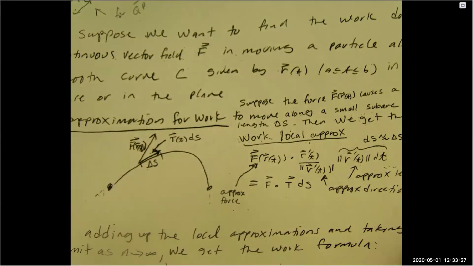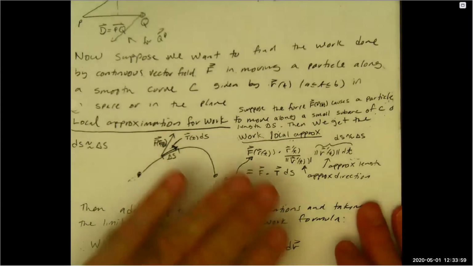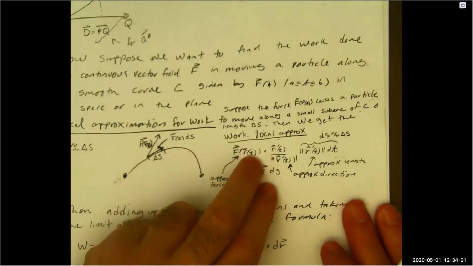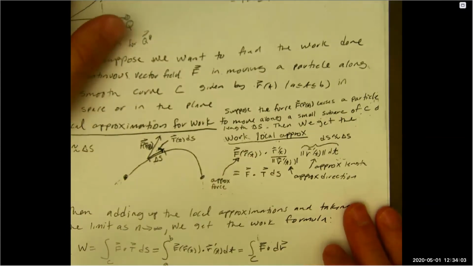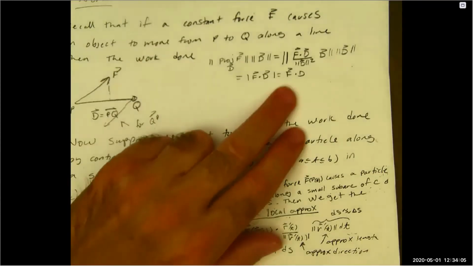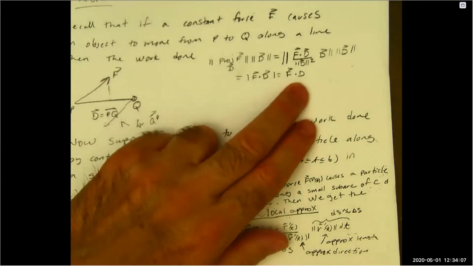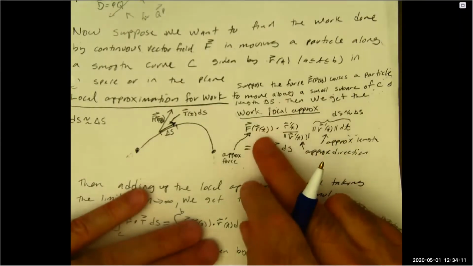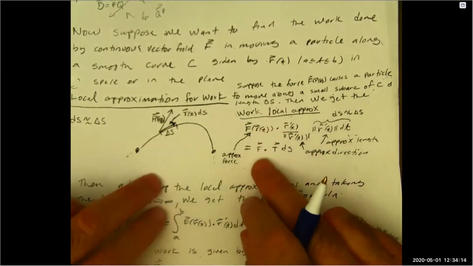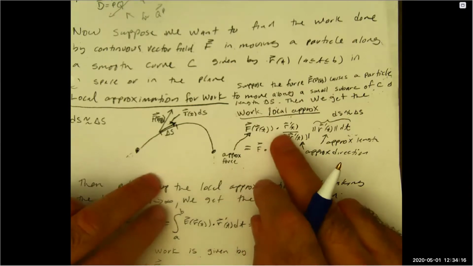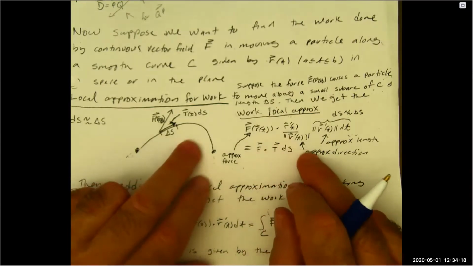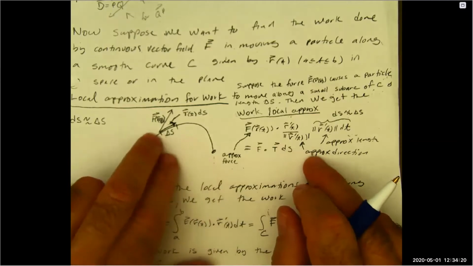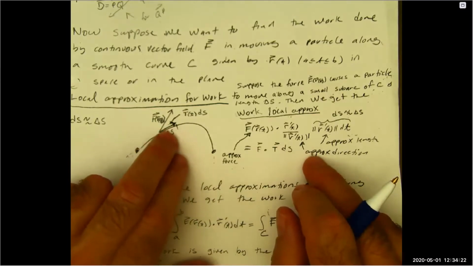And so if we look at the work local approximation formula, remember, we just look at F dot D. It's just the dot product. And so what we're doing is we're taking F, and if we look at the tangent vector, that has the direction that we want, the direction right at this point.